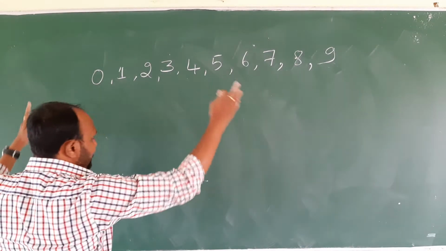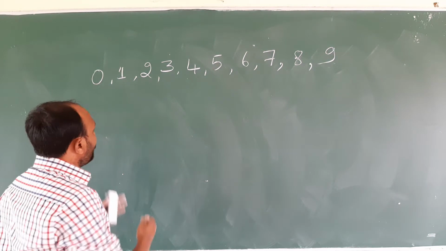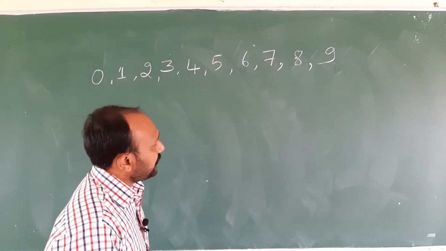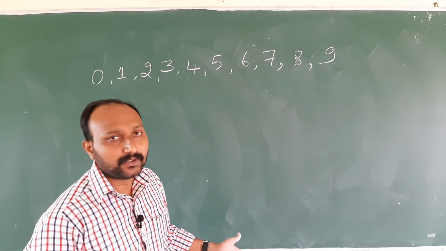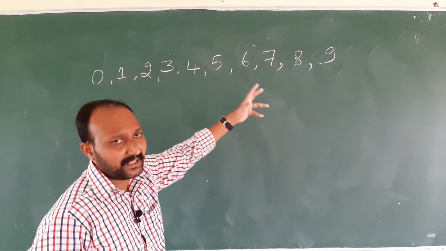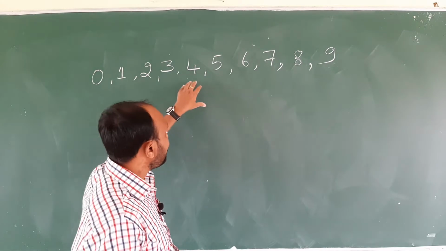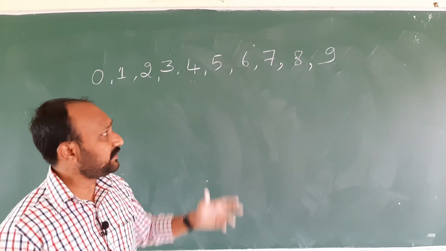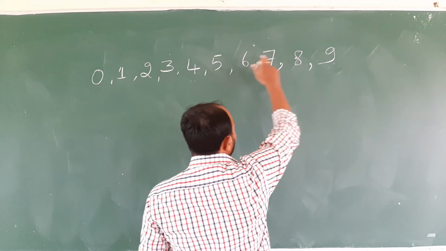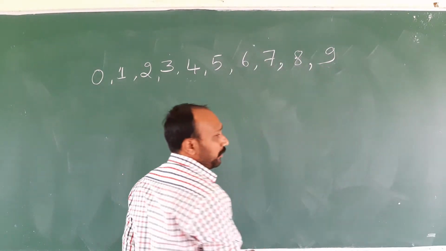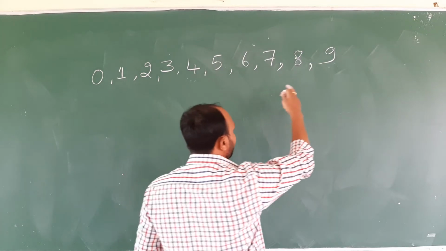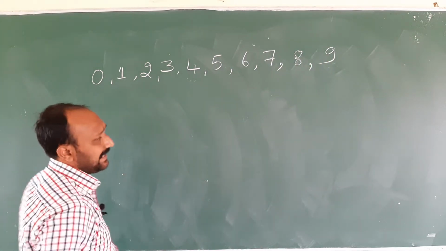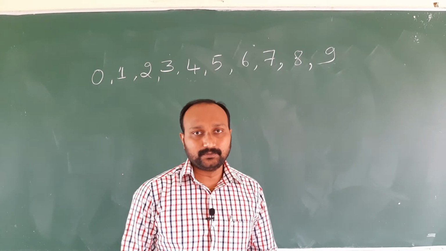Among all these decimal symbols, which particular digit is having the highest value? Usually in a decimal number system, each symbol is referred as a digit. The highest value is 9 here. Among all these 10 digits, 9 is having the highest value and 0 is carrying the least value.